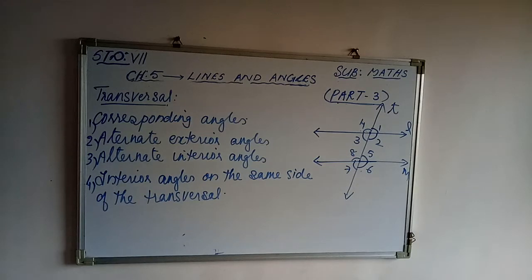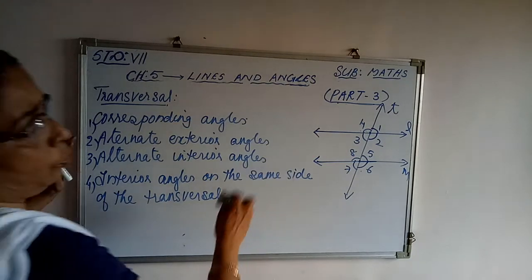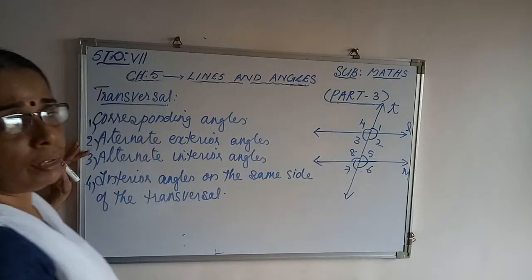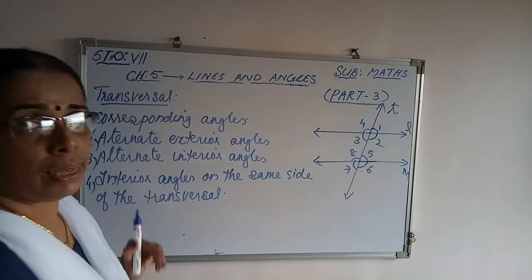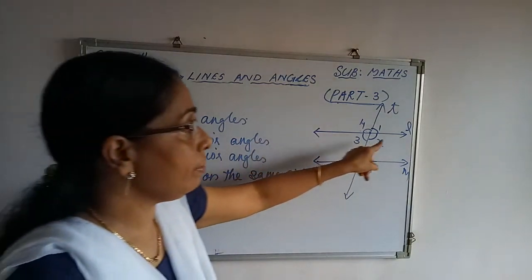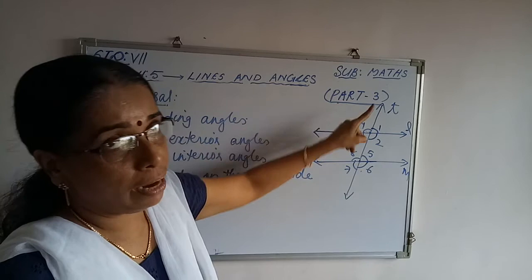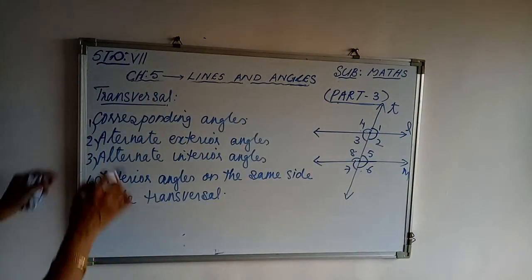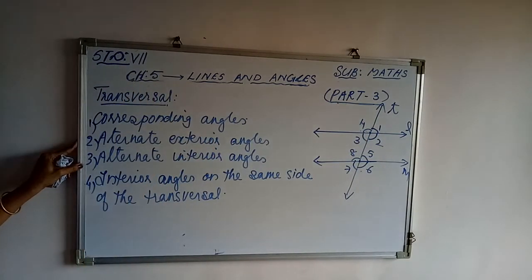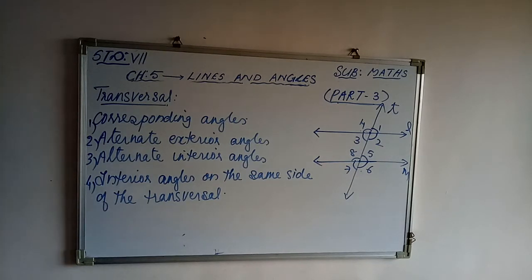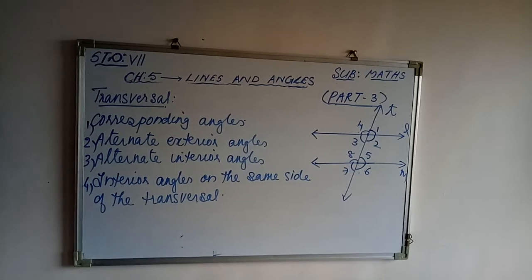Now, suppose the two lines, that is L and M, are parallel lines, that means line L is parallel to line M and T is the transversal. Then the corresponding angles which are formed are always equal. So we can say that when two parallel lines are intersected by a transversal, the corresponding angles formed are always equal.